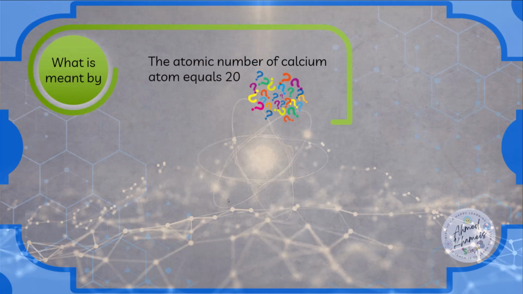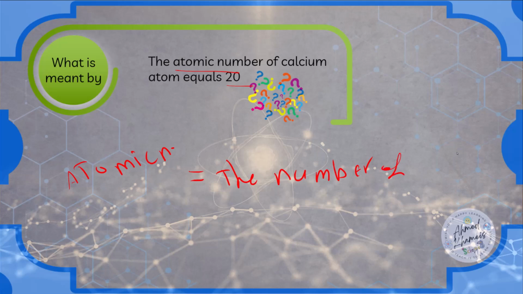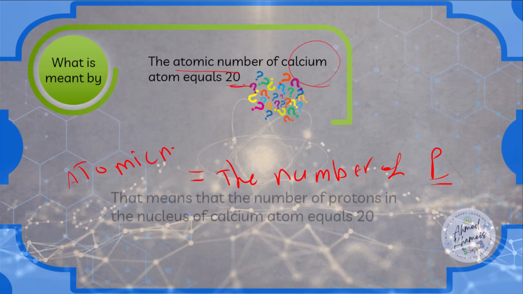So what is meant by the atomic number of calcium equal 20? The atomic number equals the number of protons. So that means that the atom of calcium has 20 protons.